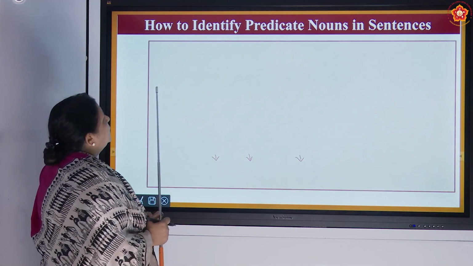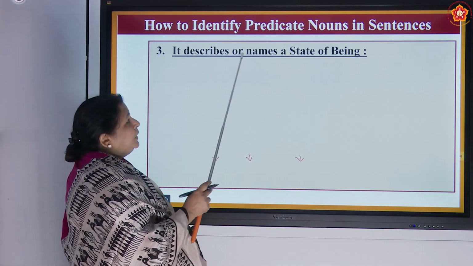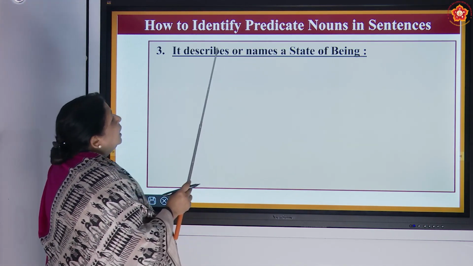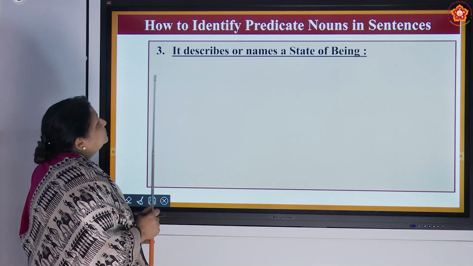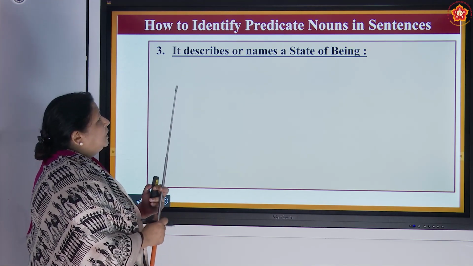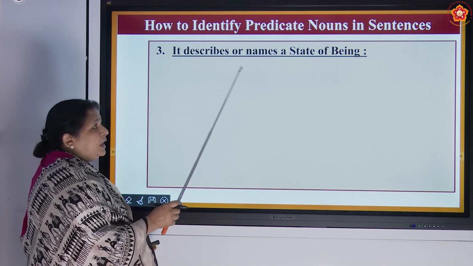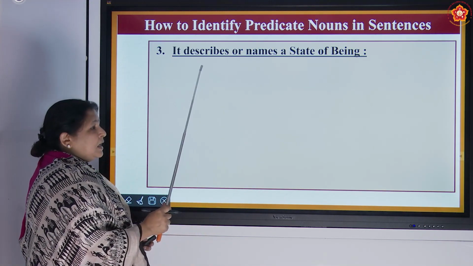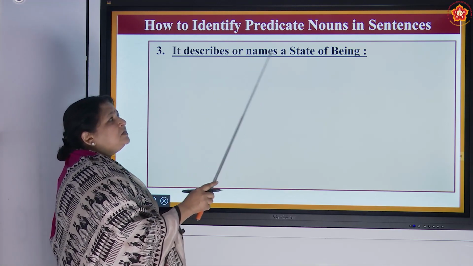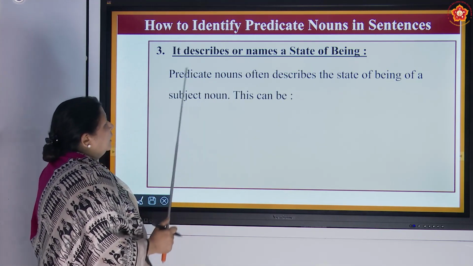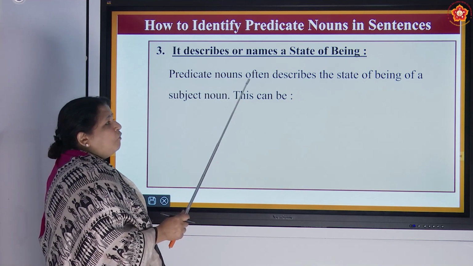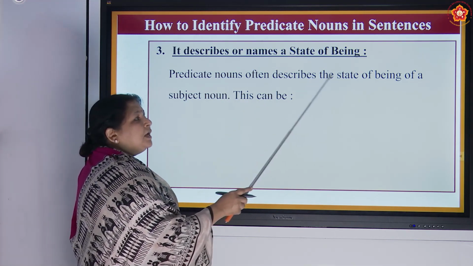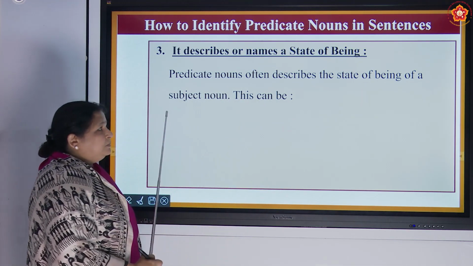Now, how to identify predicate nouns in sentences. The third one, it describes or names a state of being. Predicate nouns often describe the state of being of a subject noun.